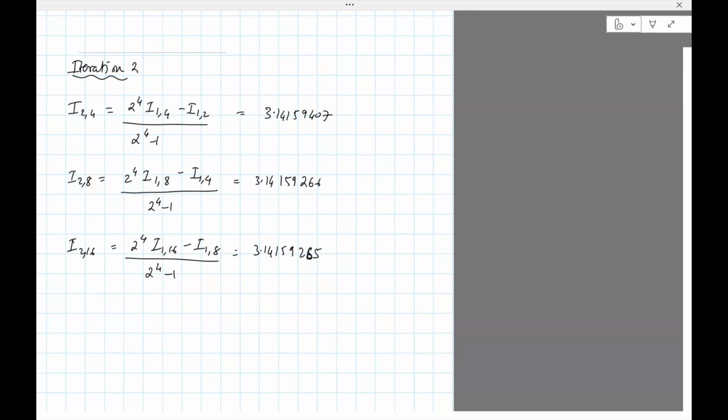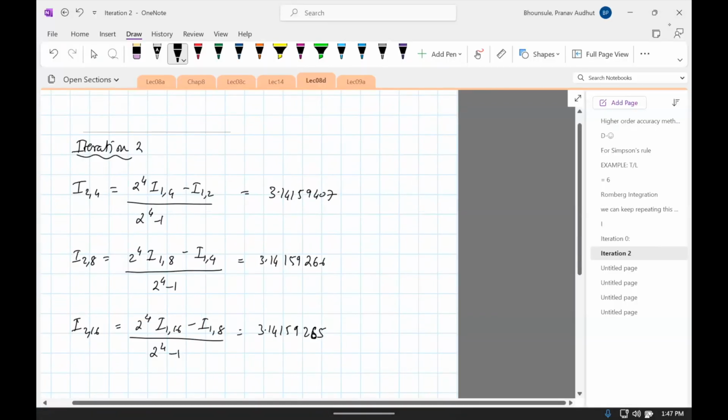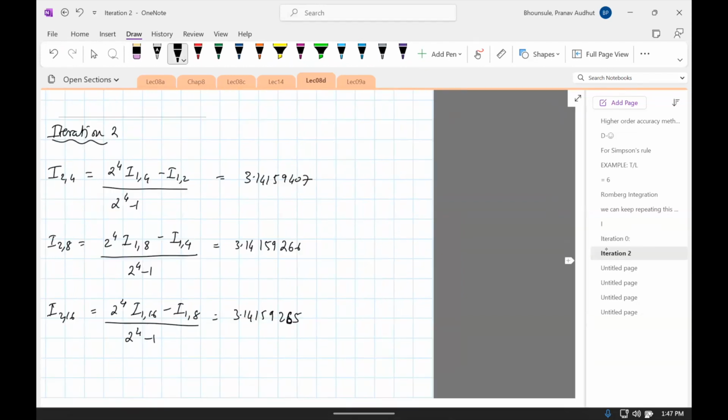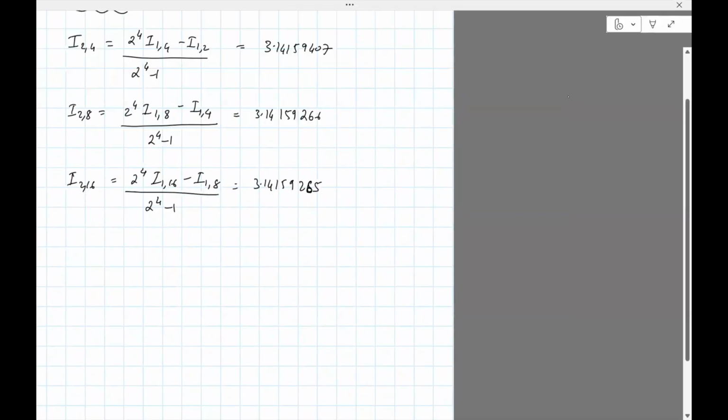Okay, we can actually check it now. So we have I1,16, and we can check it with I2,16. If we check I1,16 minus I2,16, we get that it is less than 10 raised to negative 8, right? Because I've only carried 8 decimal places, but it matches.